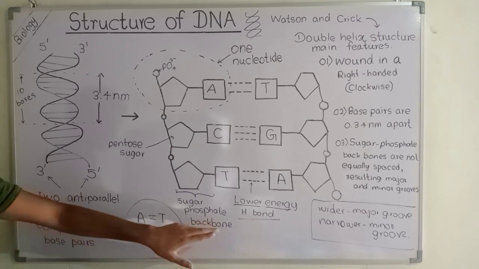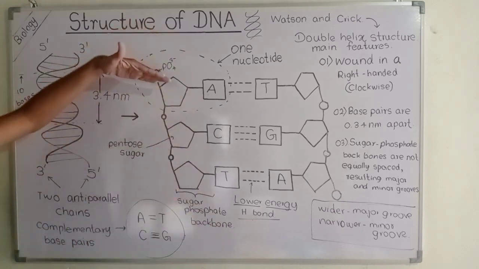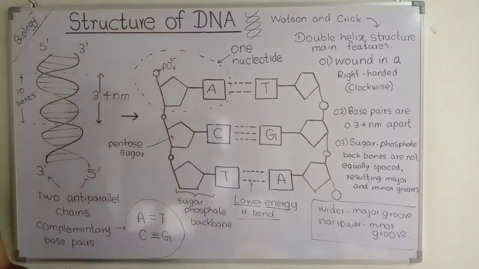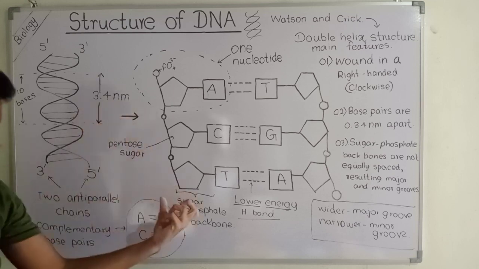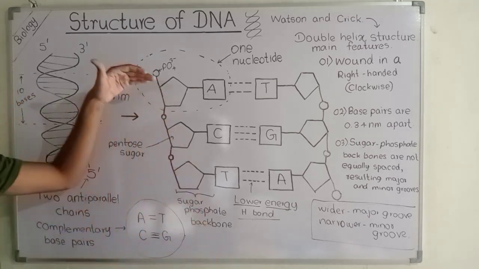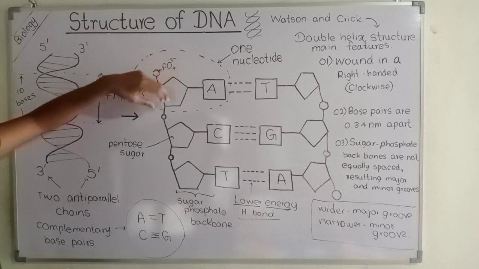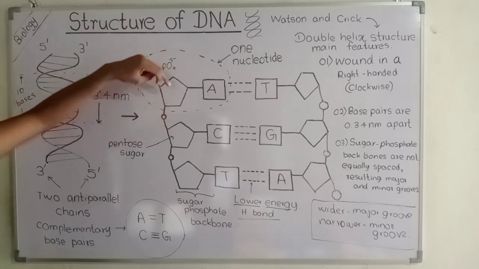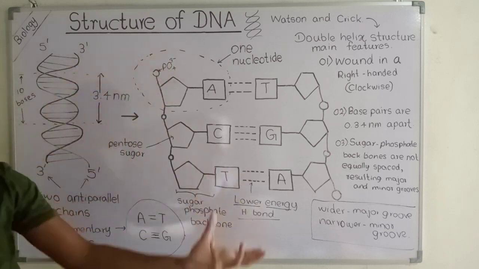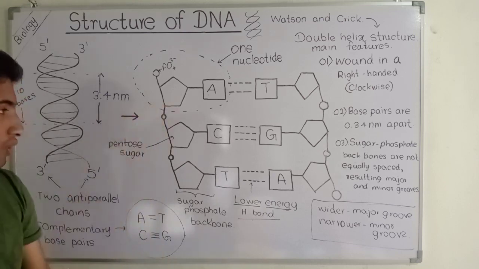The sugar phosphate backbone, you can see, is linked with phosphodiester bonds. We can see like this the phosphate and pentose sugar linked with phosphodiester bonds.